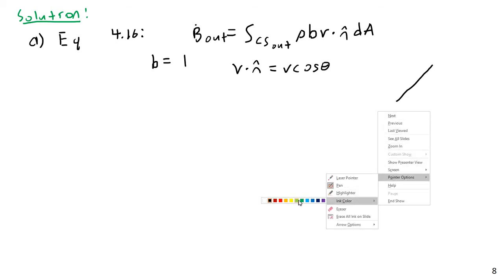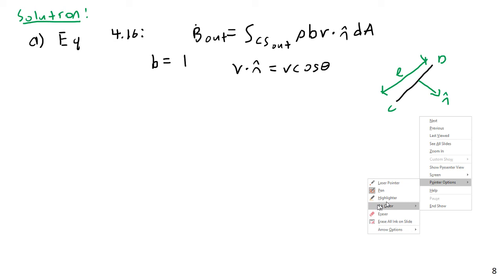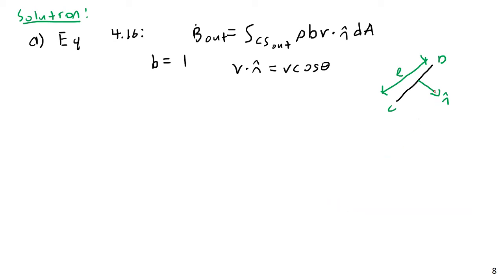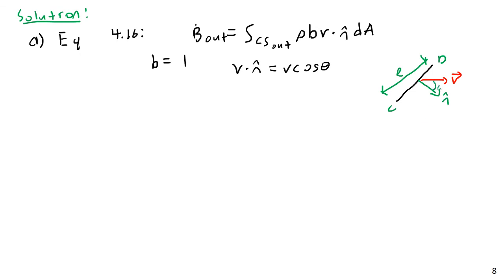Well, n is the normal vector of the surface, and this line has a length L. This is C and this is D. The velocity is going at a different angle. This is our velocity vector here, at a certain angle, theta. And this is how I get v dot n equals v cosine theta.